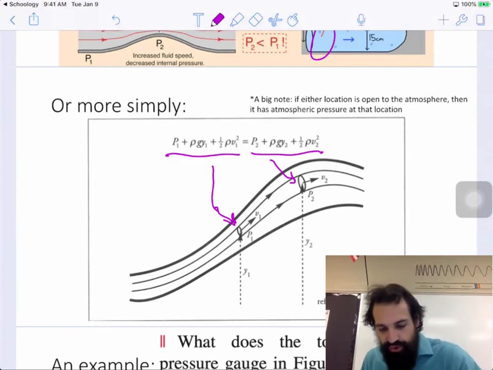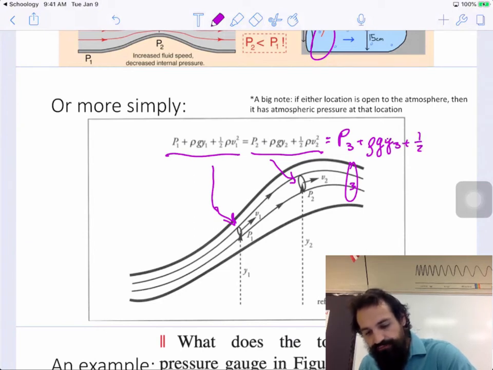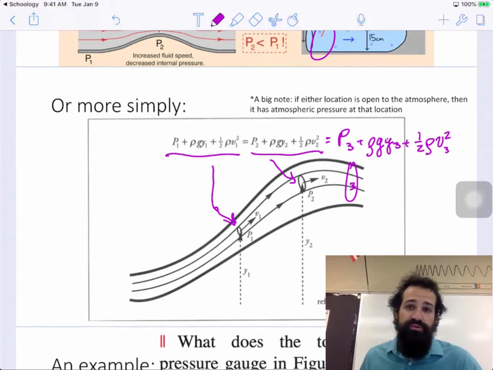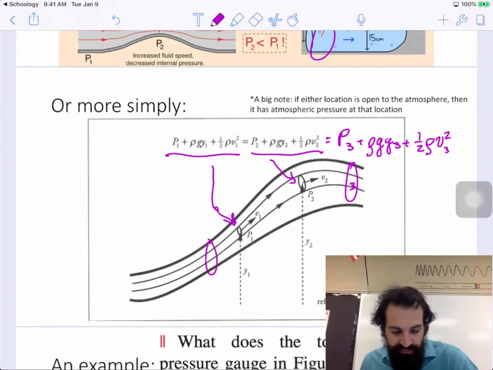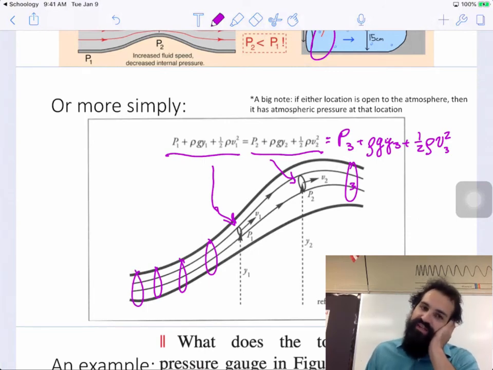In fact, you could have chosen a third location, which I'm going to call location 3, and say, okay, pressure 3 plus potential at 3 plus kinetic at 3, 1/2 rho v3 squared. All three of those points are equal to each other. You could do that for an infinite number of cross-sectional areas. Total pressure remains constant. That's the big takeaway.